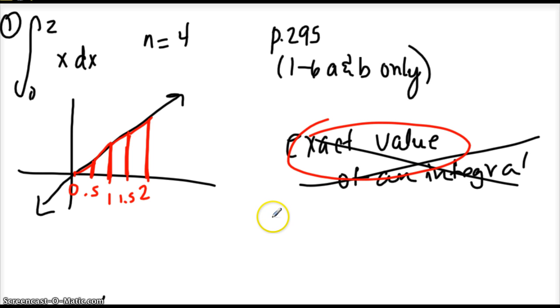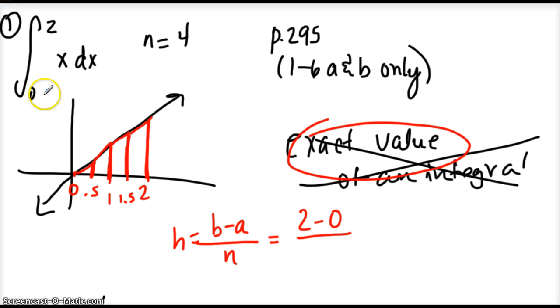So for example, if you look back at your formula, it's h over 2, and h equals b minus a over n. B is going to be your 2, a is going to be 0 from here and here, and then n is going to be 4, and that's going to reduce to a half, which we talked about last week. This is a half.